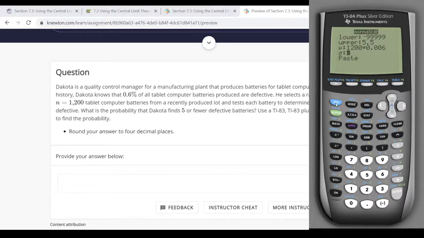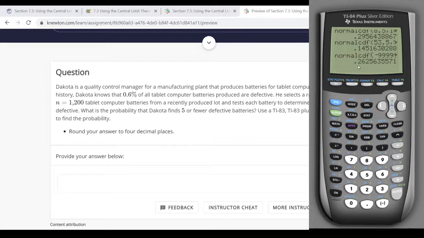And then the standard deviation is the square root of N, 1,200, times P, 0.006, times Q, which would be 0.994, and close parentheses on that. All right.